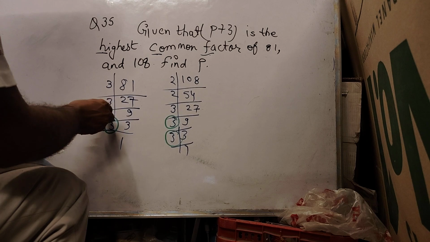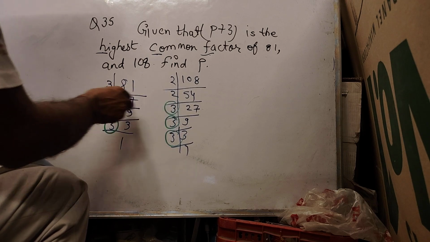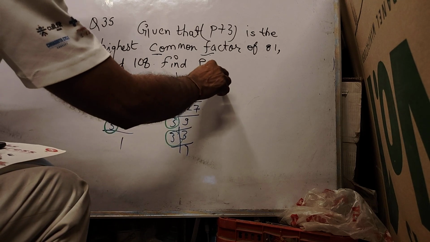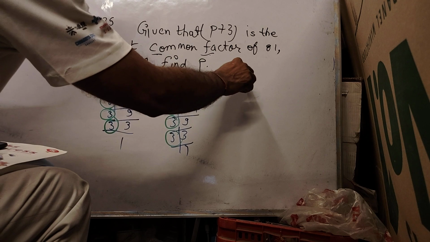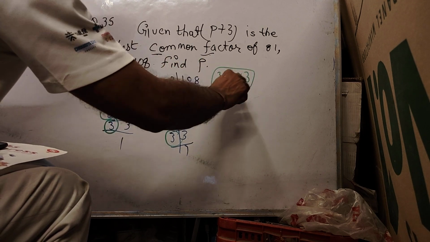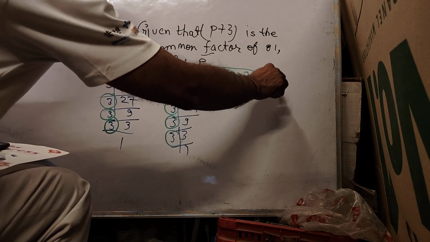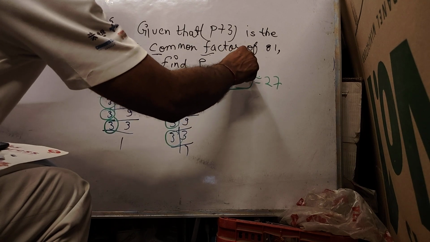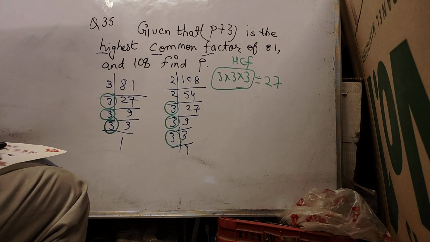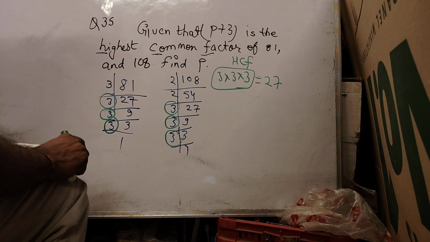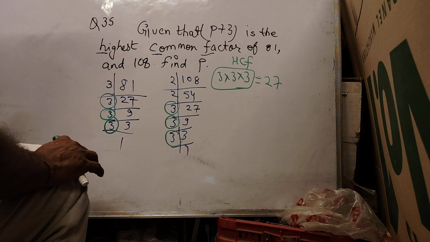Then next 3 is common, next 3 is also common. So 3 multiply 3 multiply 3 gives us 27. So the highest common factor is 27. 27 threes are 81, 27 fours are 108. 9 is not highest, 6 is not highest.